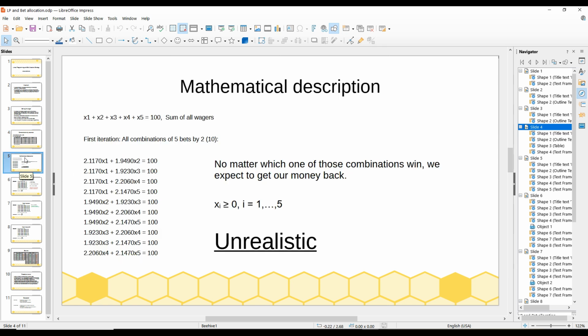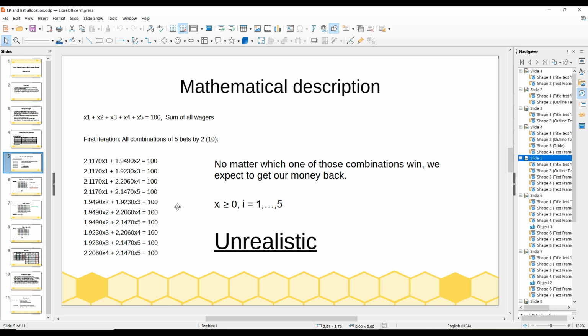Let's describe the problem mathematically. Of course, the sum of all the wagers must be equal to 100. And let's assume that in the first iteration we need to win at least 2 of those 5 bets in order to get our money back, no matter which 2.